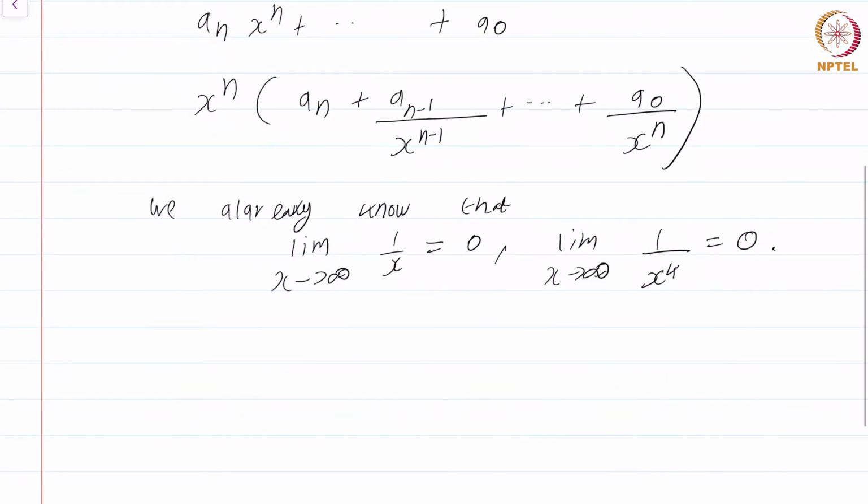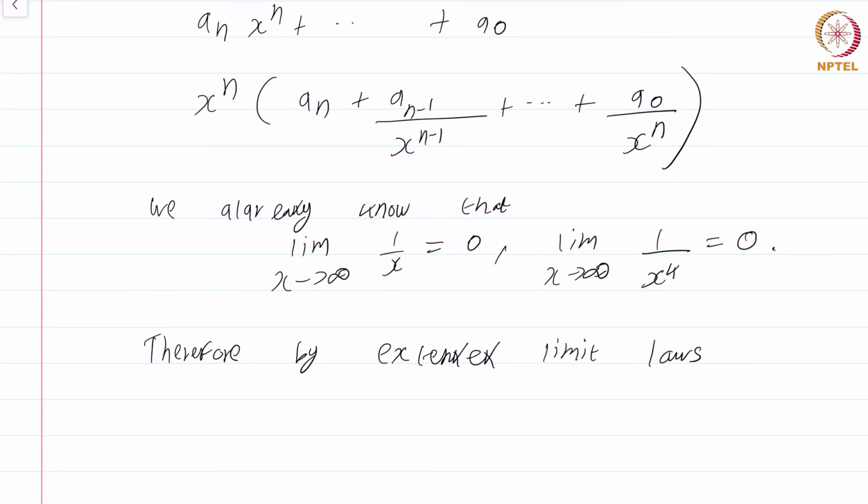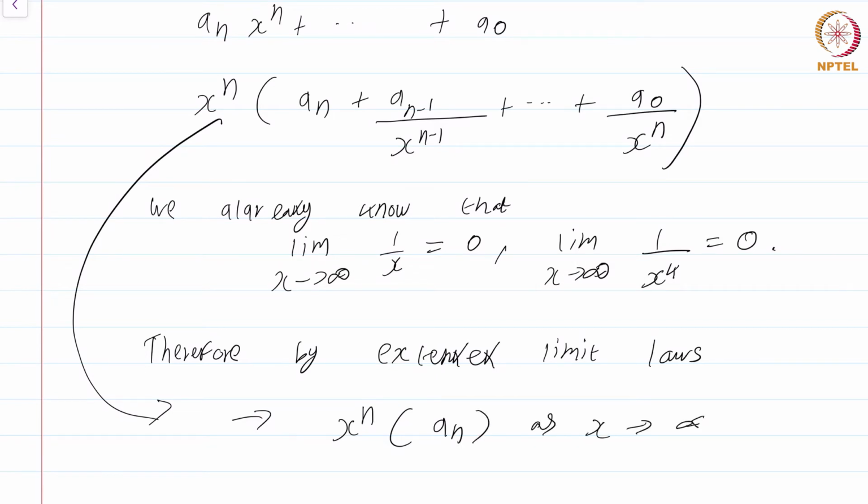Therefore, by extended limit laws, which is part of the exercises, we get that this just converges to x^n times a_n as x goes to infinity, which goes to infinity.